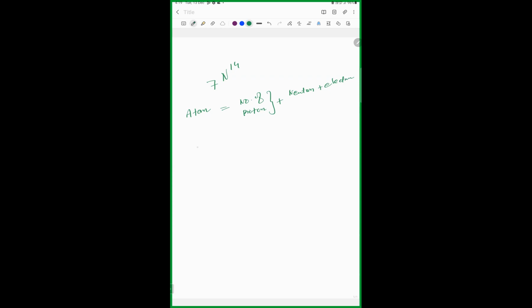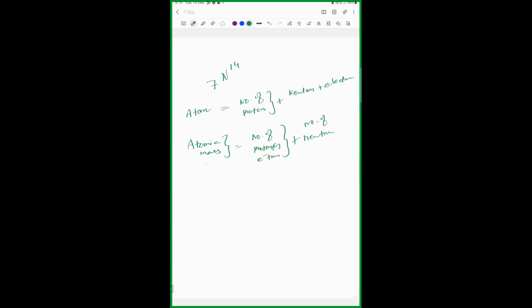When you are concentrating on the atomic mass, it is the number of protons plus the number of neutrons.